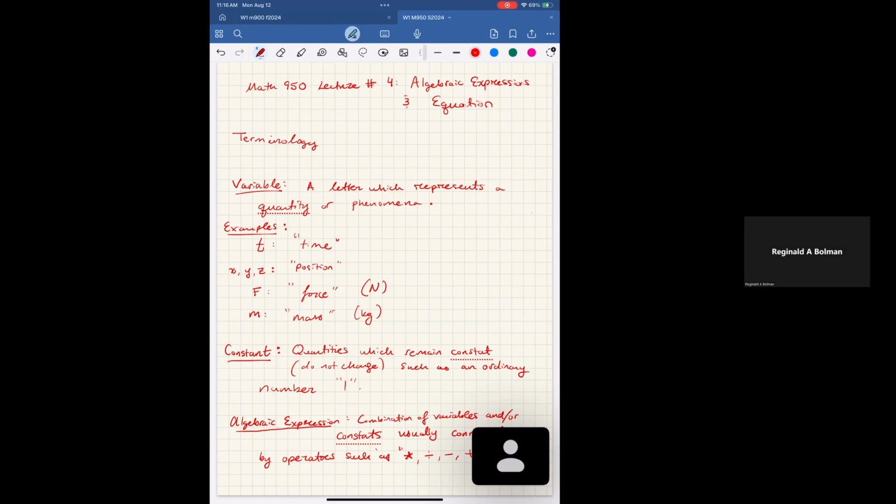Regardless of the physical system we might be analyzing, we're going to use certain letters to represent the properties of the physical system. So for example, T is a letter, and it might represent the time that has elapsed of a physical system we could be analyzing in the world around ourselves.